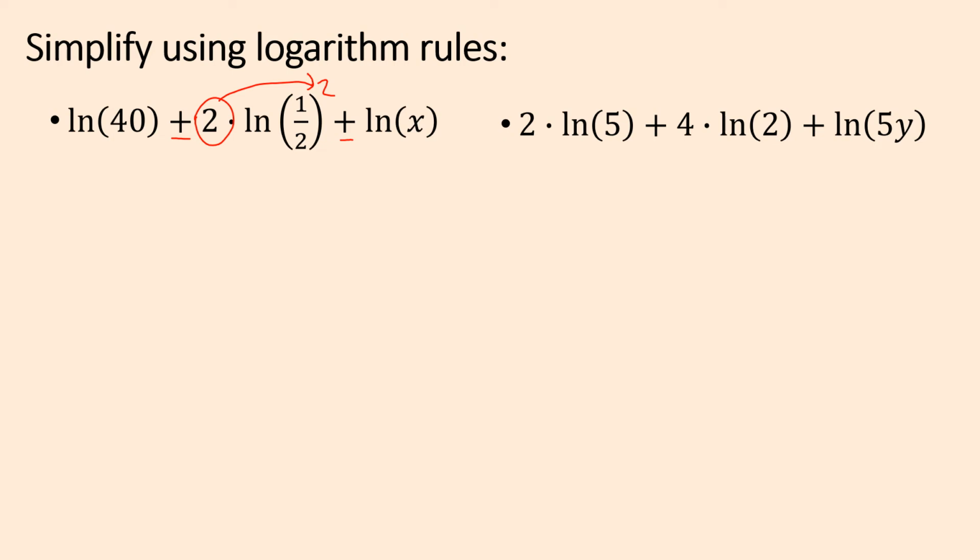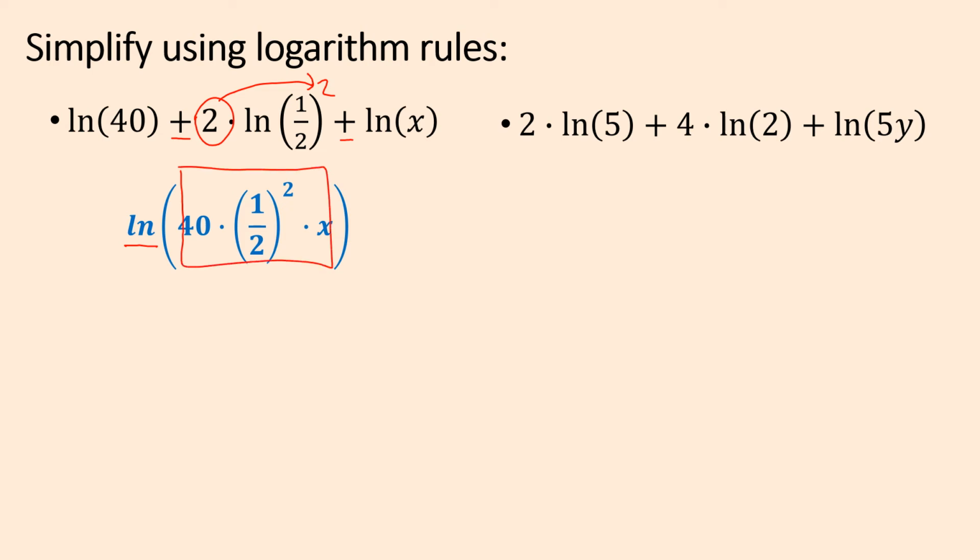The logarithm rules say that when we have addition, we can combine them all into one log by multiplying. So 40 times 1/2 squared times x, that's in a single natural log now instead of having them separated. And this we can simplify into one thing. So 1/2 squared is 1/4 times 40 times x gives us natural log of 10x.